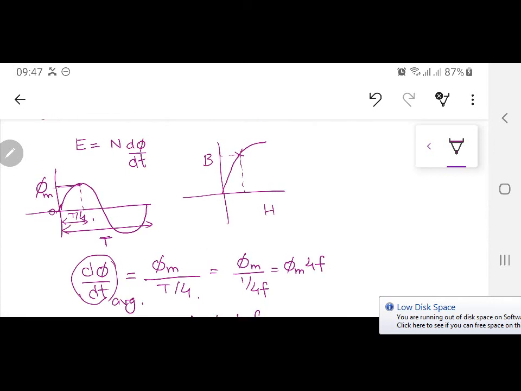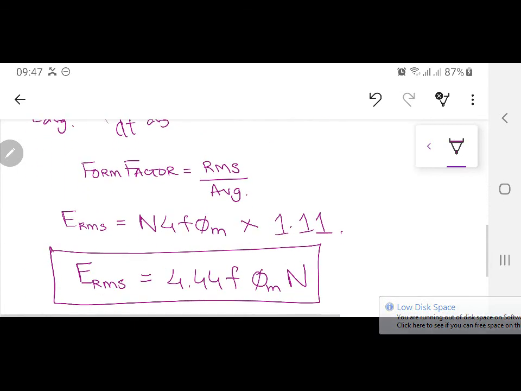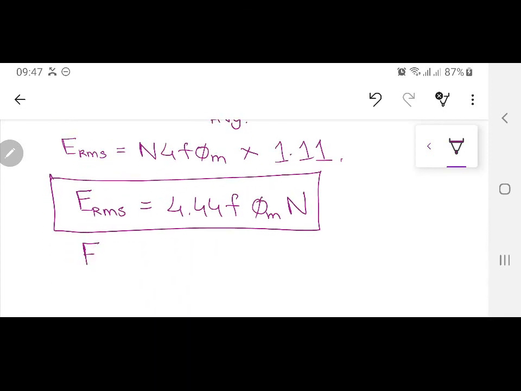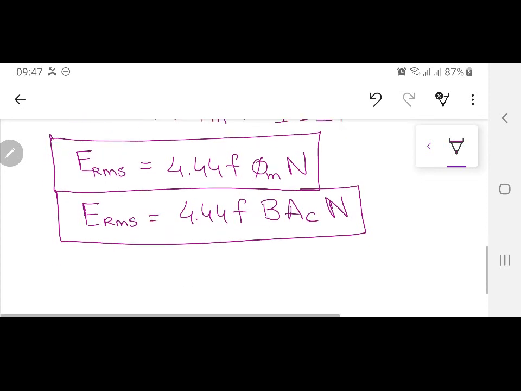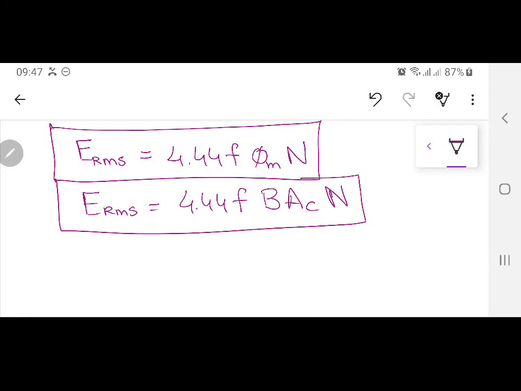We took the average rate of change of flux and multiplied it by the form factor, and we got E RMS equal to 4.44 f phi m N. Another form of this, to give a little more depth: phi m is actually the flux, and phi is equal to B into the area of the core, into N. Phi is equal to BA, magnetic flux density into area. And since this is E RMS, this is the total voltage applied.